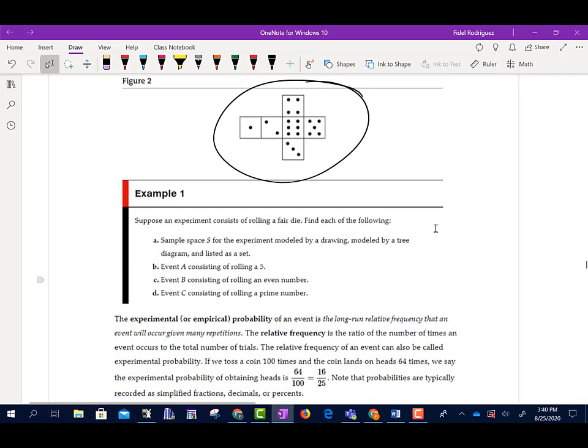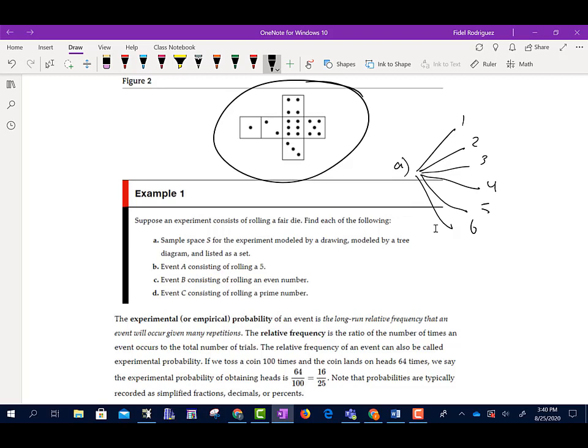It says, suppose an experiment consists of rolling a fair die. Find each of the following: the sample space S for the experiment modeled by a drawing, modeled by a tree diagram, and listed as a set. Okay, so let's take a look here. For part A, if I was going to do a tree diagram, I could either get a 1, 2, 3, 4, 5, or 6, okay?